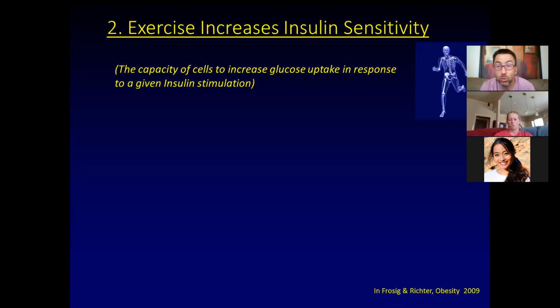If you're a type 2 diabetic, though, and you do not have normal insulin receptor sensitivity and function, going and exercising, especially if you have mild decreases in insulin sensitivity, can almost entirely fix your type 2 diabetes, okay?